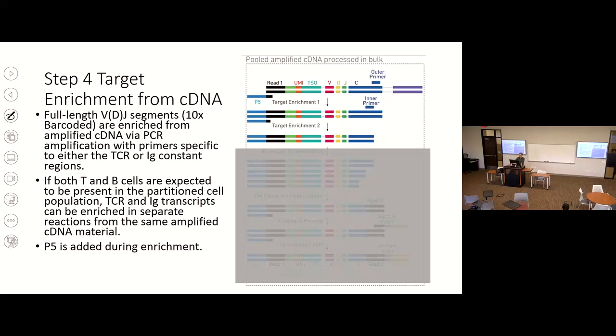These PCR primers have been designed to amplify just this particular target region. This region contains the VDJ segments. So depending on which template the T cell provides to the kit, it will amplify that region.